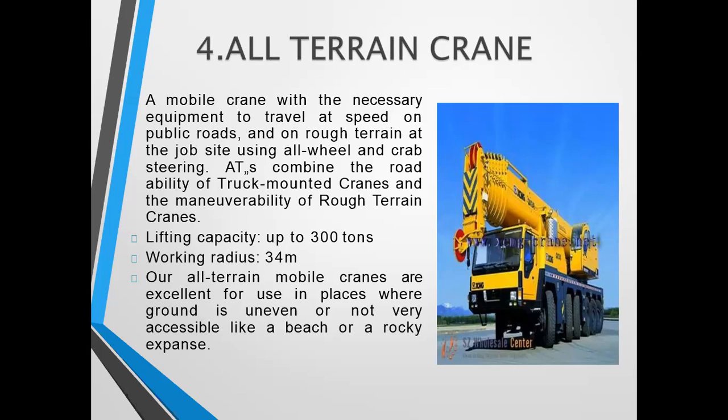All-terrain cranes combine the roadability of truck-mounted cranes and the maneuverability of rough terrain cranes. All terrain cranes have 2 to 9 axles and are designed for lifting loads up to 1200 metric tons. The lifting capacity of this kind of crane is up to 300 tons. Working radius is 34 meter.